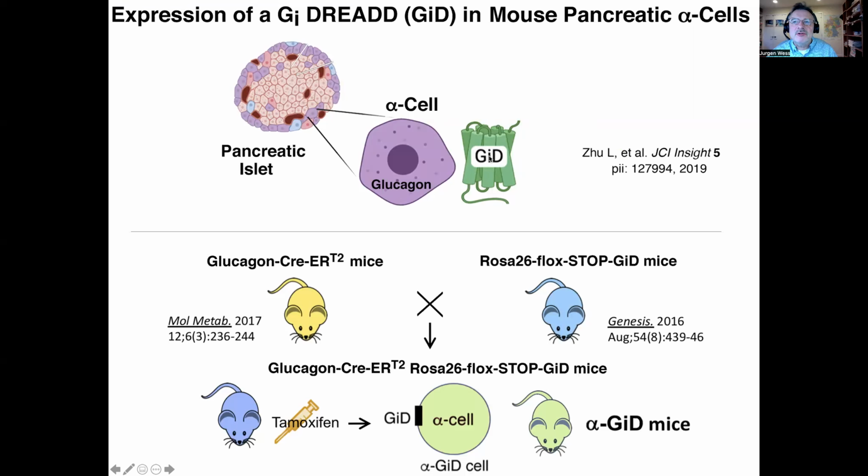The Gi DREADD usually inhibits cellular function, including release of hormone from endocrine cells, selectively in alpha cells of the pancreatic islets. Shown here is the scheme that we used. I don't have the time to go into this in detail.